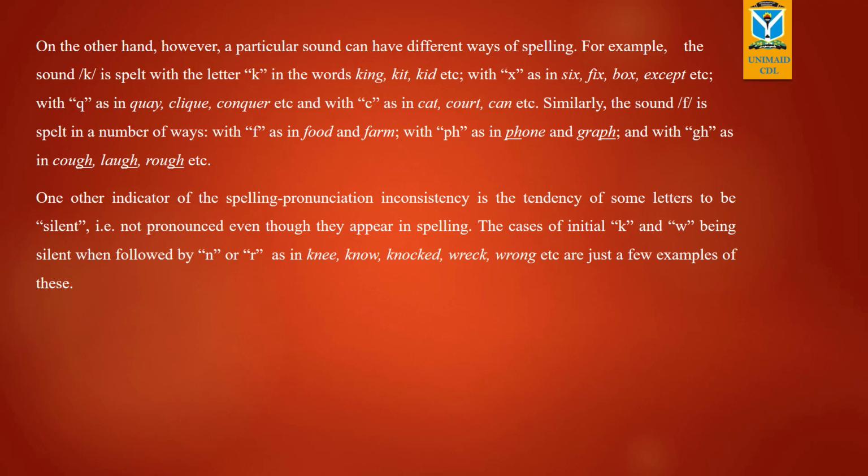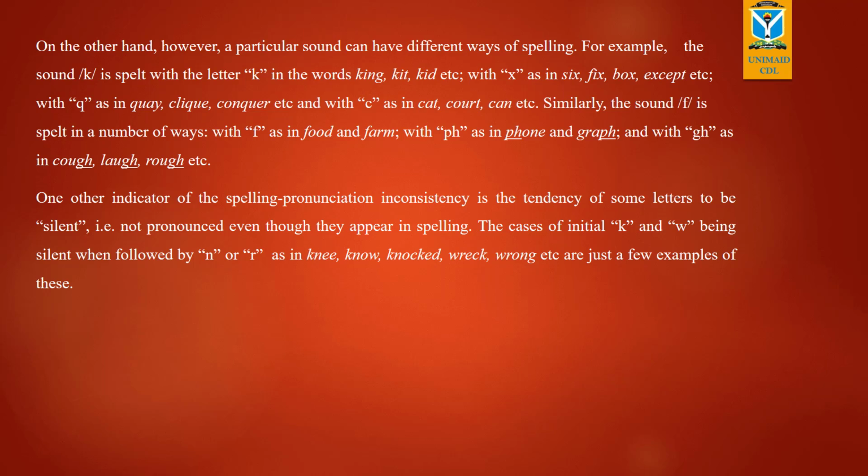And when you have C as in cat, cord, can. Similarly, the sound F is spelled in a number of ways. With F as in food and farm. With again letters PH, pronounced as what?